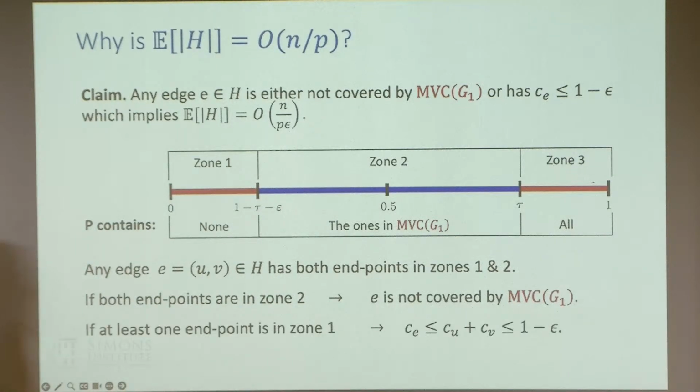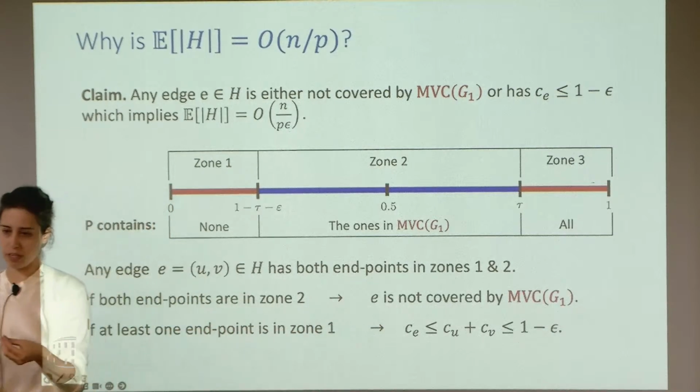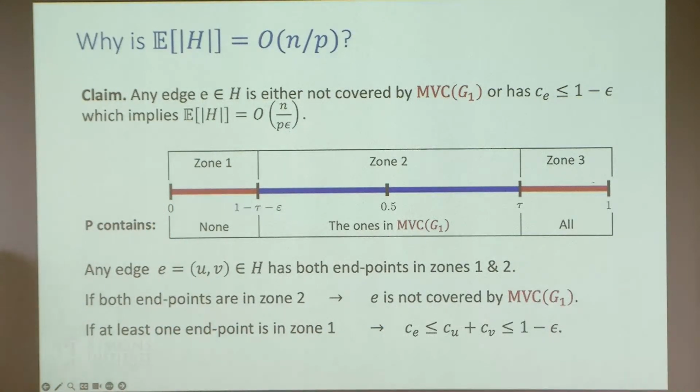If it has at least one endpoint in zone 1, the sum of CV of its endpoints cannot exceed 1 minus epsilon, so this edge would also be queried by algorithm 2. So the total number of edges this algorithm queries is the sum of algorithm 1 and algorithm 2, so it's still O of n over epsilon p.